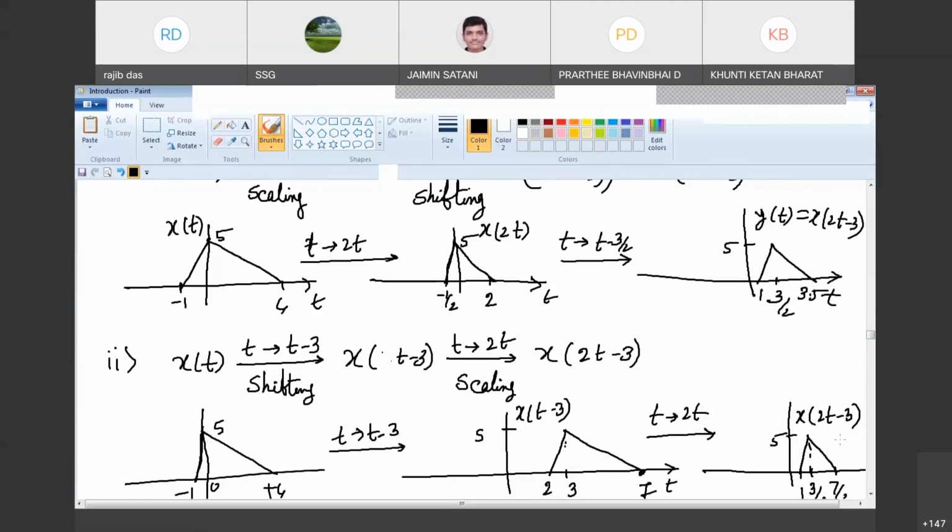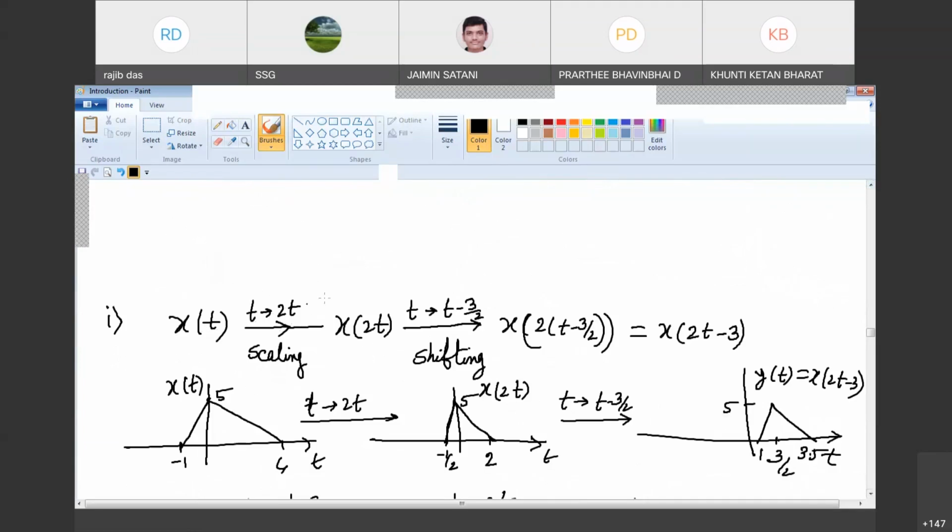Yes, sir. So for any composite signal where there are both shifting and scaling operations, you can take any one first, but be careful. If you take shifting first, then that shifting is very simple. It will remain the same. And then scaling is also the same. So this operation is very easy to understand. But if you take x of t, x of 2t, then be careful about shifting.